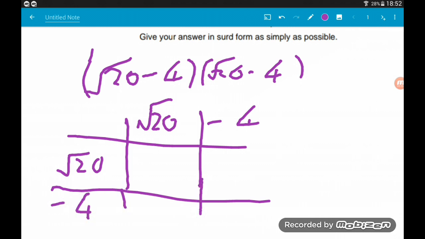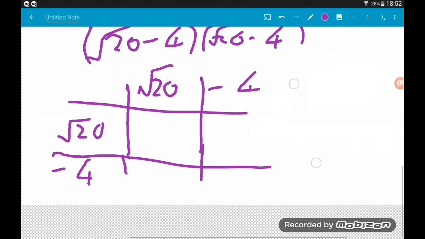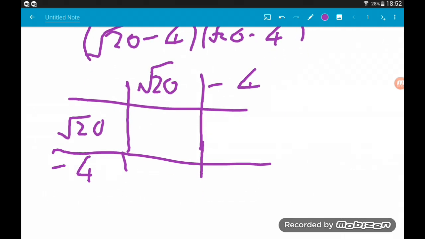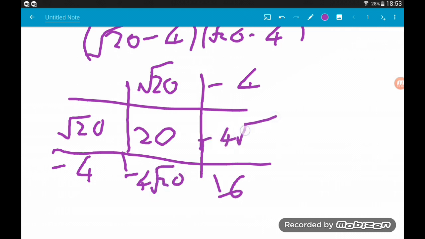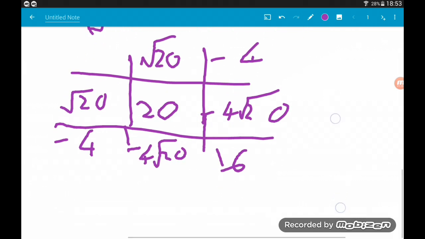So, what's root 20 times root 20? It's 20. What's minus 4 times minus 4? It's positive 16. So now we've got two lots of minus 4 times root 20, which is just that, minus 4 root 20. Okay, so we've done our 4 multiplications.